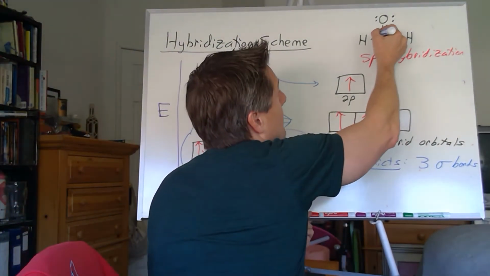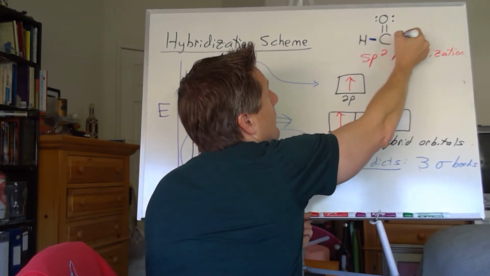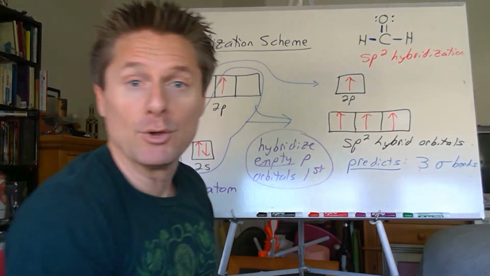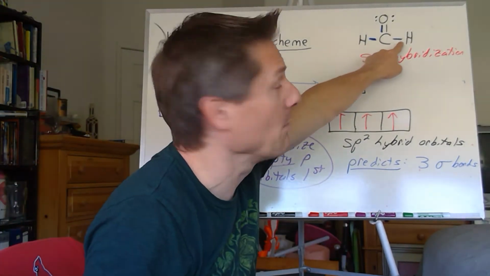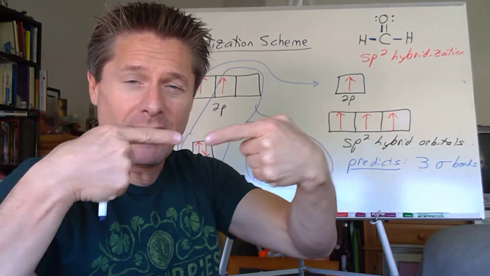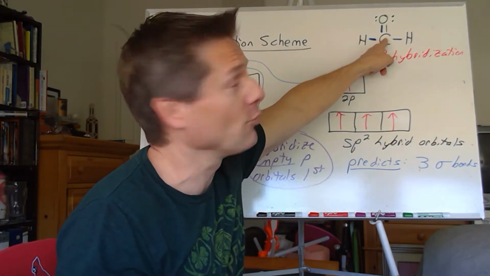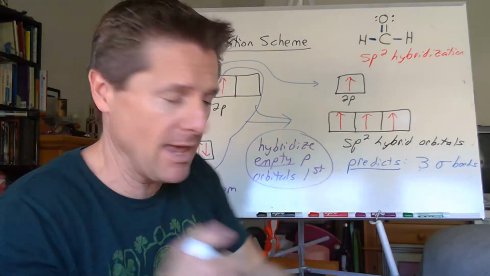So that would be here, here. I'll do those in blue, right? So sigma bond, head-on overlap between the orbitals between the carbons and the hydrogens, head-on overlap between the hybrid orbital of the carbon and the oxygen, boom, head-on collision.